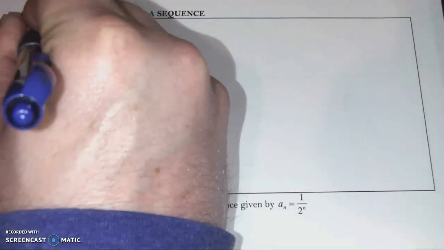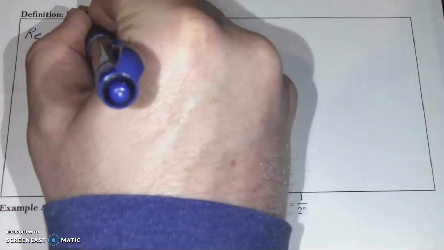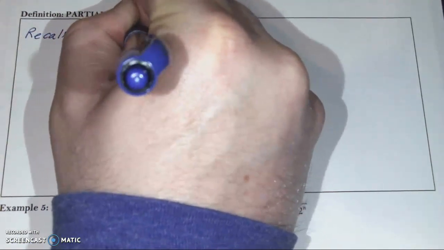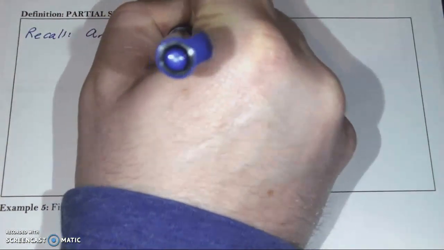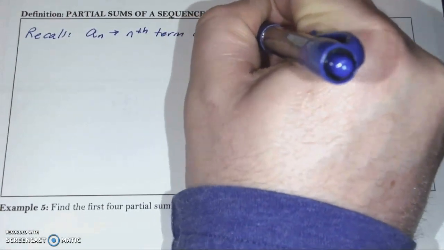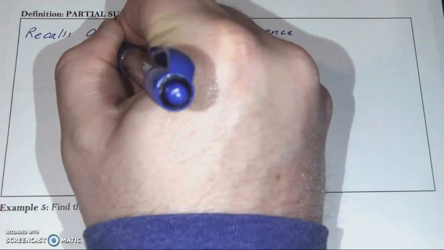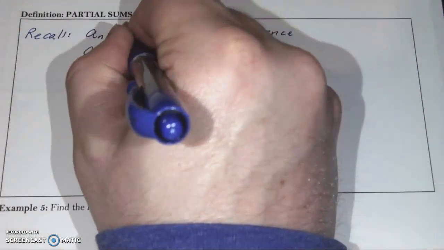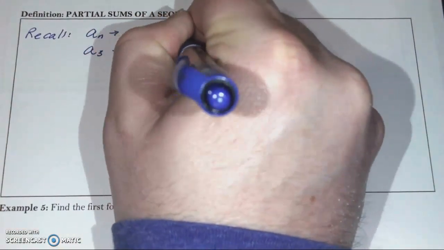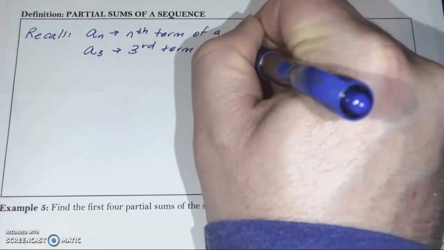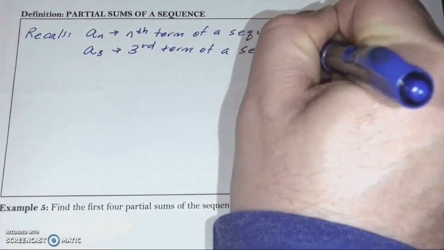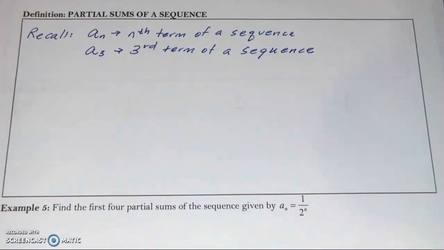So let's recall, a sub n meant the nth term of a sequence. And something like a sub 3 meant the third term of a sequence. Based on this, we have some new terminology here.